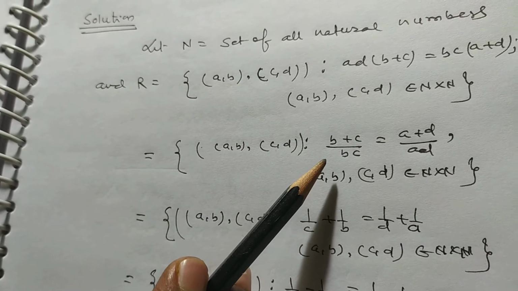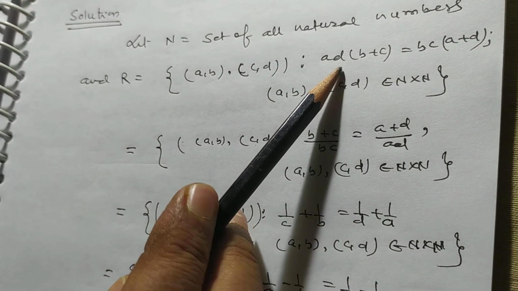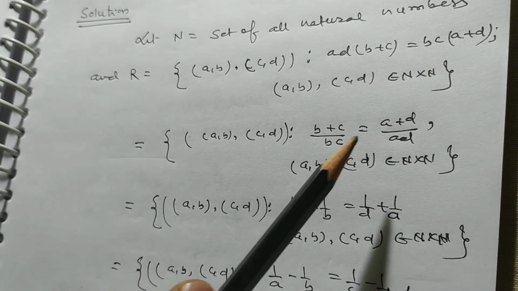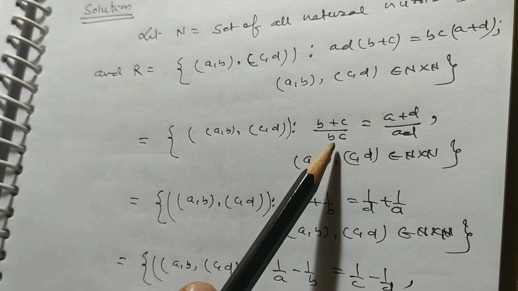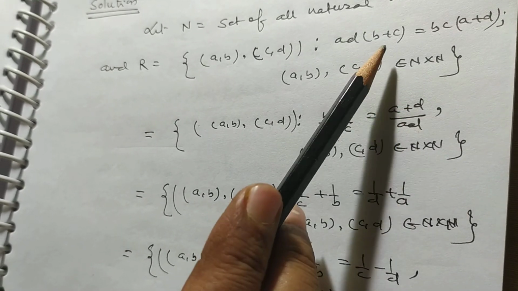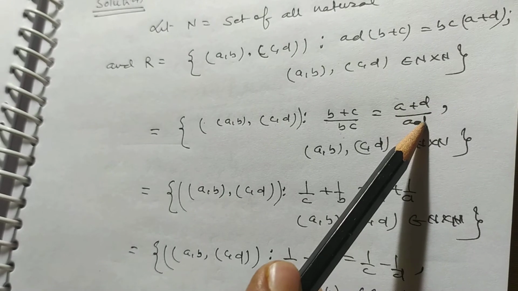a little bit. Now, what is given? AD into B plus C is equal to BC into A plus D. So now you can rewrite it as B plus C by BC and A plus D by AD.